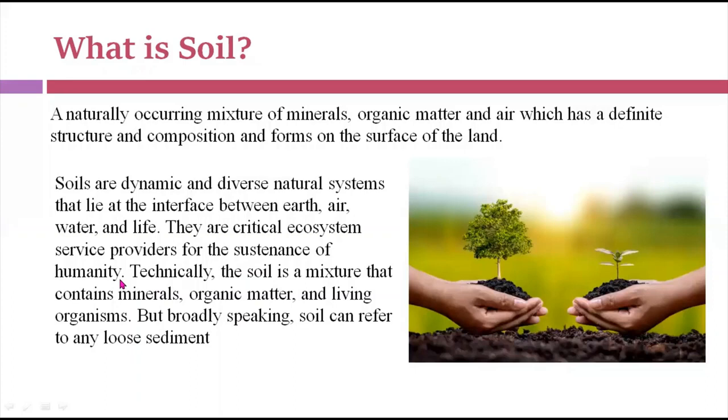What has been said? Soil is very important for us. It is the substance which provides us nutrients. So it means this is the source of survival or sustenance for human beings.